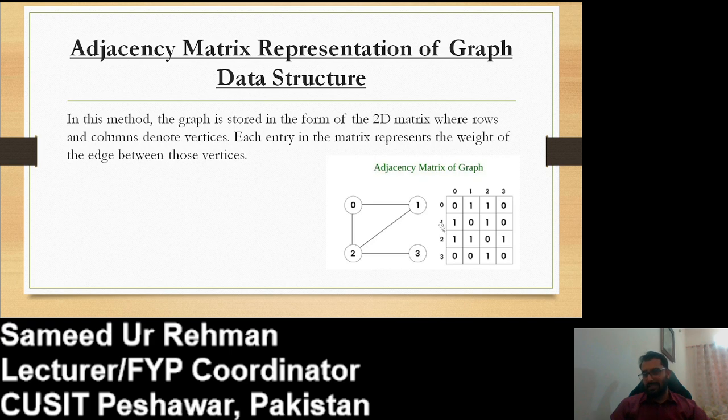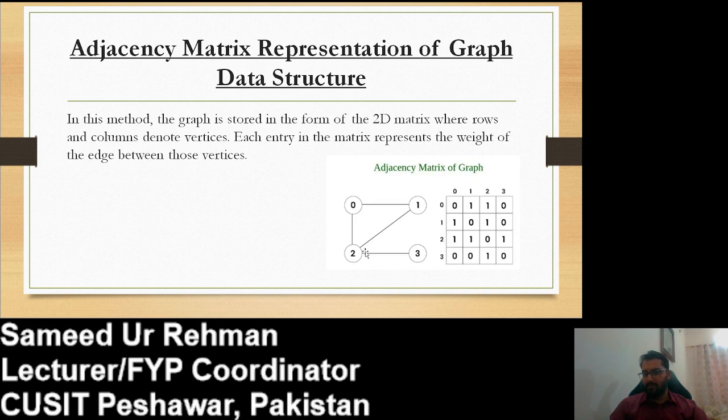The same goes for 1. From 1 to 0, yes; 1 to 2, yes; 1 to 1, there is no loop; and 1 to 3, no direct link. As we can see, the diagonal is 0, meaning there is no loop. 0 itself is not connected, 1 itself is not connected, 2 itself is not connected, 3 itself is not connected.